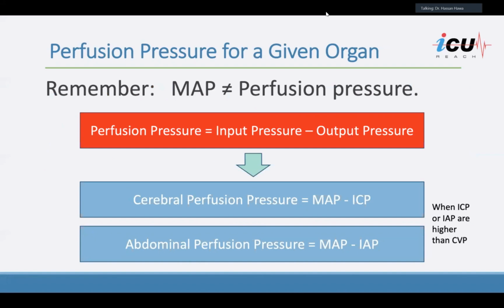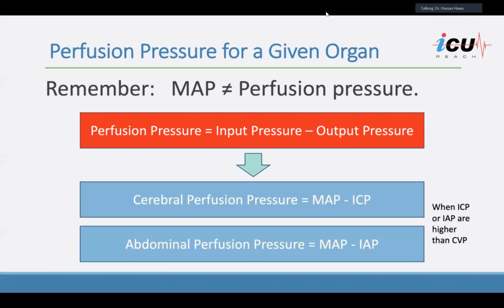Now, we need to remember that mean arterial pressure doesn't equate to perfusion pressure, because perfusion pressure is the input pressure minus the output pressure. A famous example is cerebral perfusion pressure. To maintain adequate CPP, we sometimes need a higher MAP if there's high intracranial pressure, because CPP equals MAP minus ICP, provided the ICP is higher than the CVP.